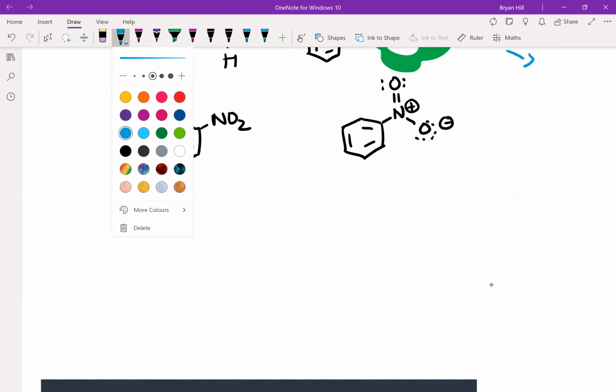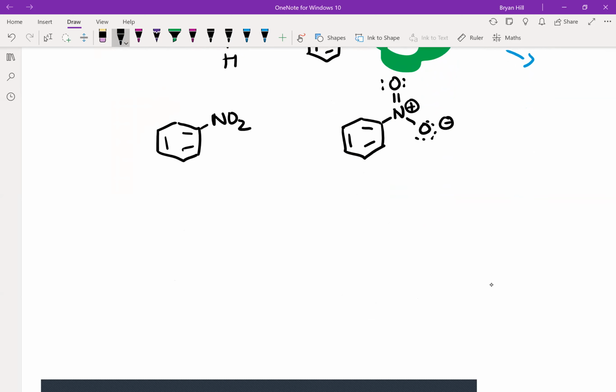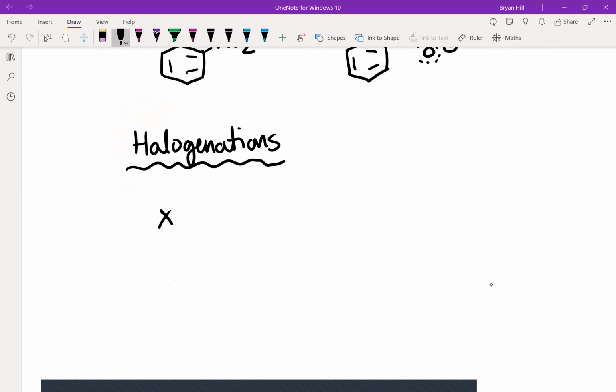If we've got, for the halogenations, we have got our molecular halogen, which is going to be either the bromine or the chlorine. And we've got a Lewis acid, which we will call FeX3.